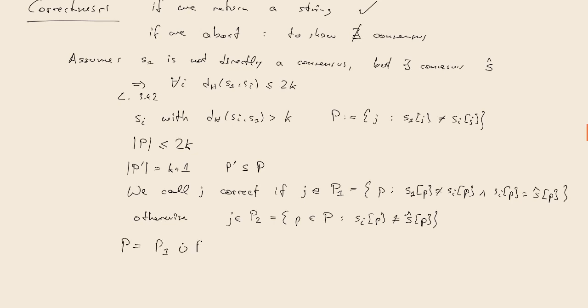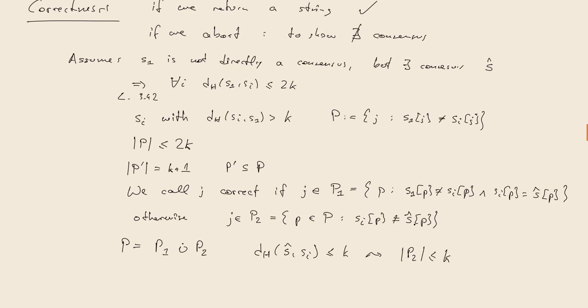Well, certainly our set of all positions is divided into these two. And because the distance of the consensus to this ith string must be at most k, actually this set can't be larger than k.